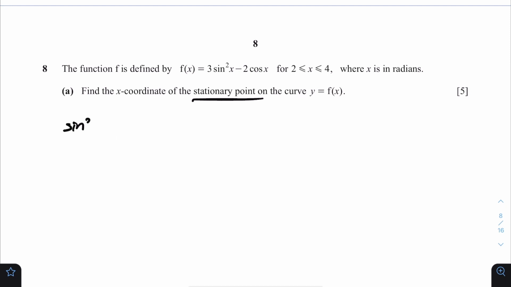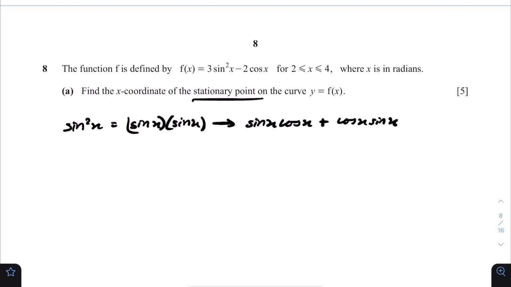Sine squared x is the same as sine x times sine x, so we can use the product rule. Differentiating gives us sine x times the derivative of sine x, which is cos x, plus the derivative of sine x, which is cos x, times sine x. Because it's the same thing, they give the same two parts, and therefore this is equal to 2 sine x cos x.